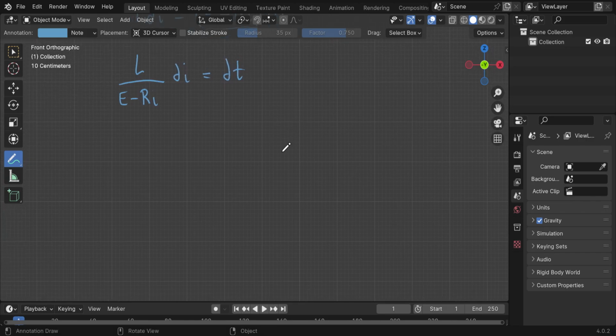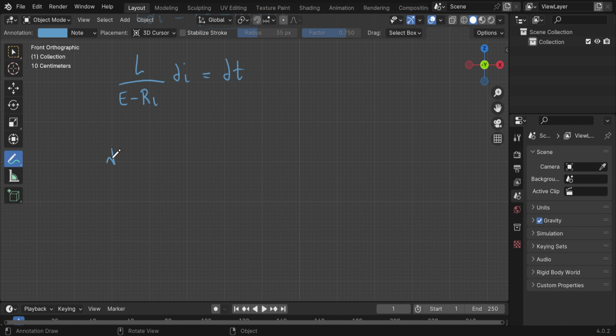Okay, so now we need to look at this left side here. Let's think about it in reverse. Let's think about what we would have to take the derivative of to have something in this form.